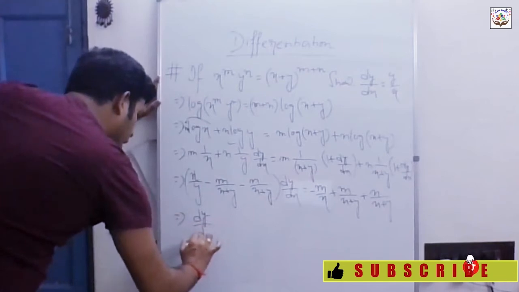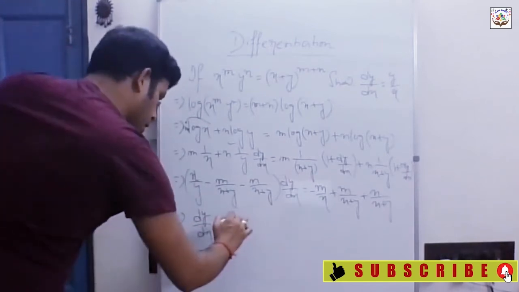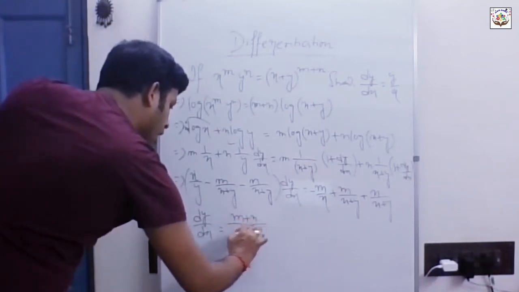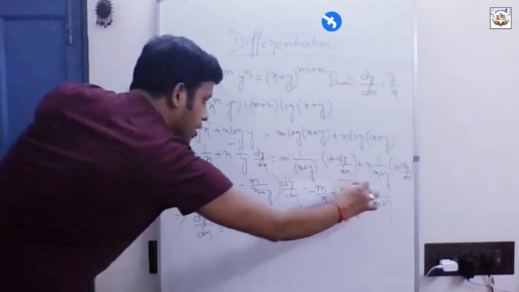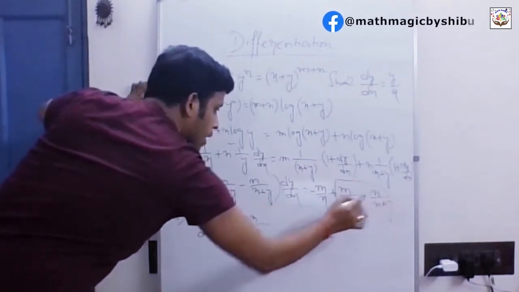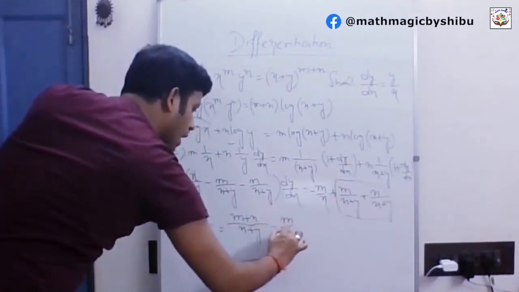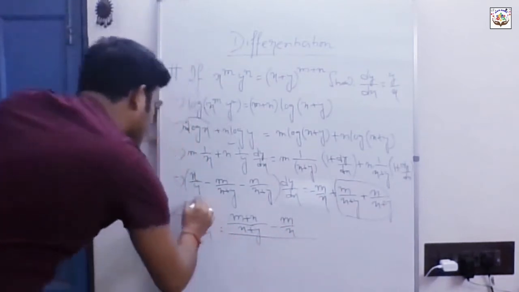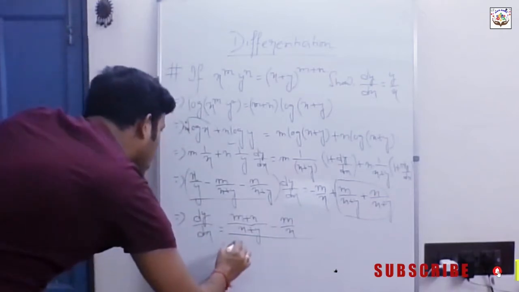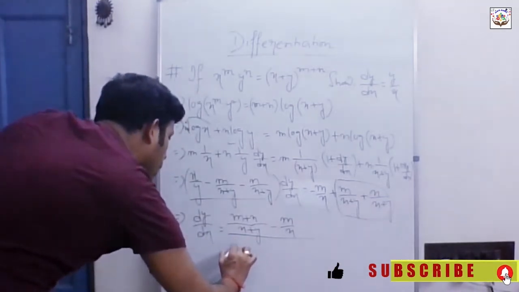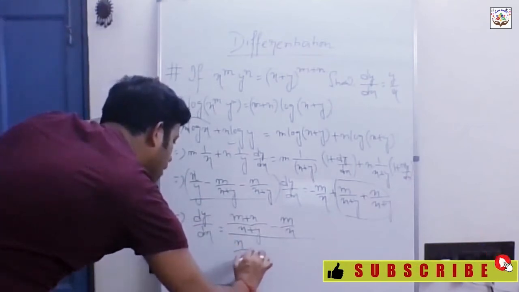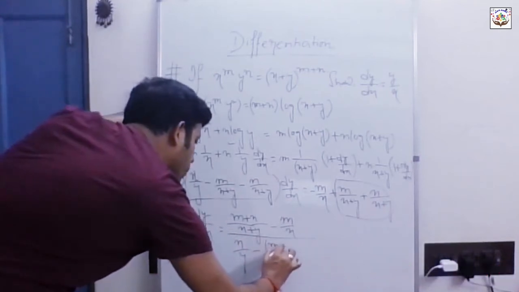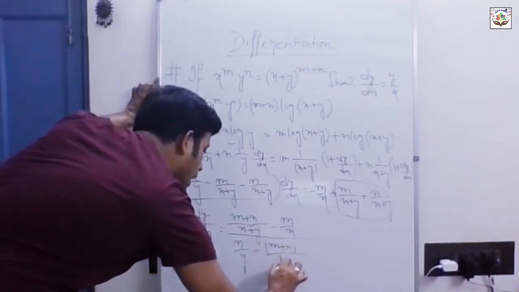So dy dx would be m plus n by x plus y from here, minus m by x, divided by this part, n by y minus m plus n divided by x plus y.